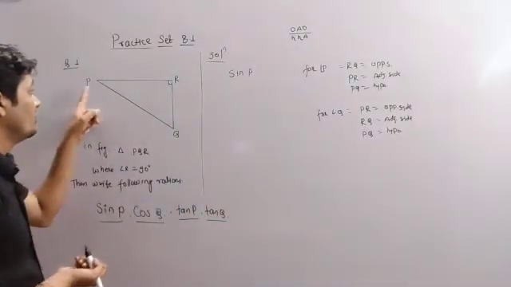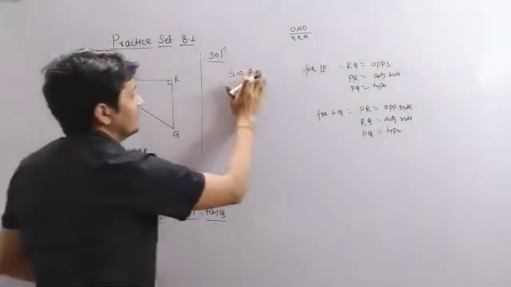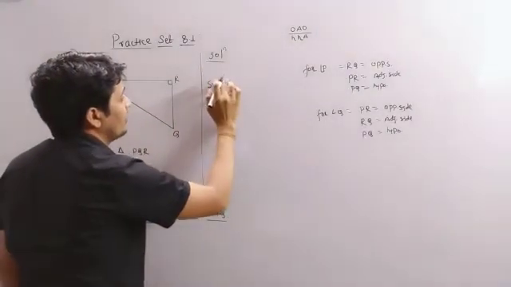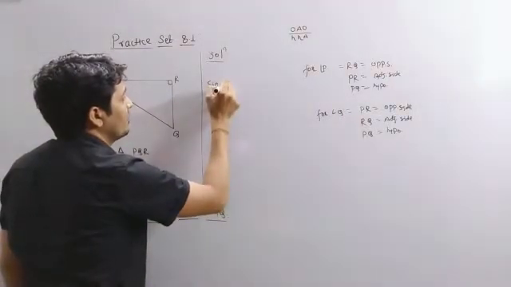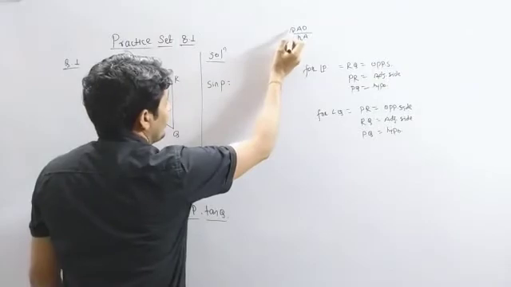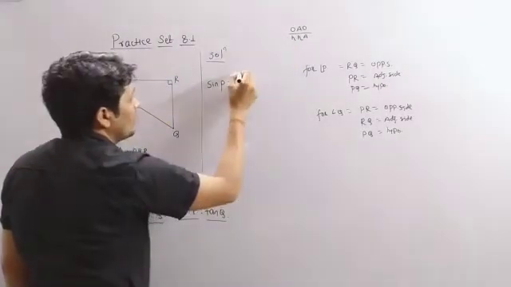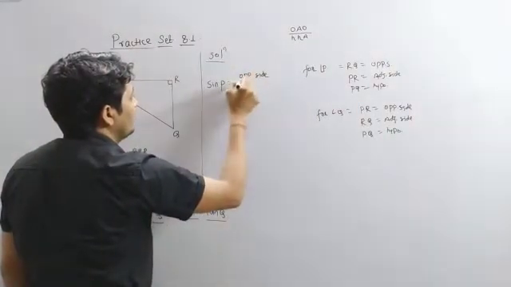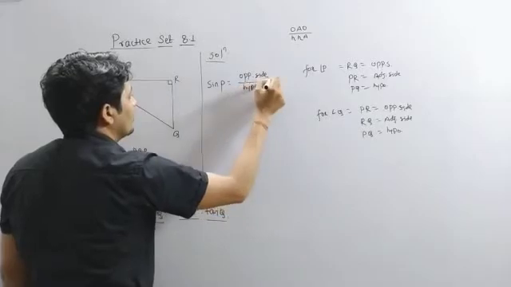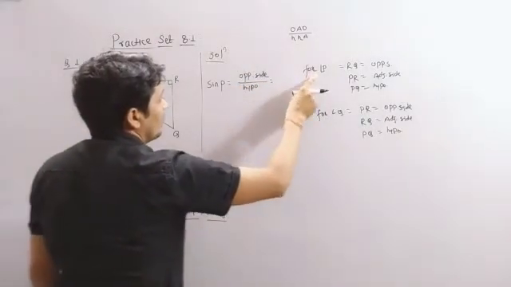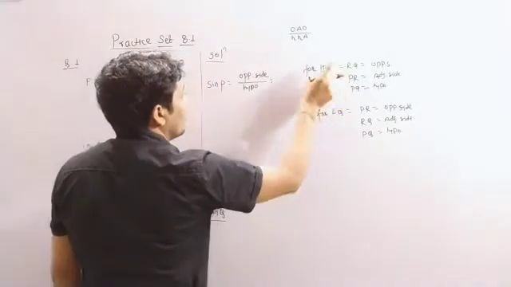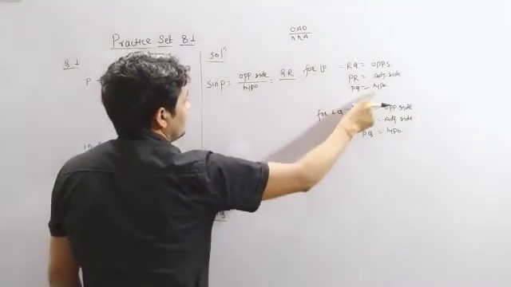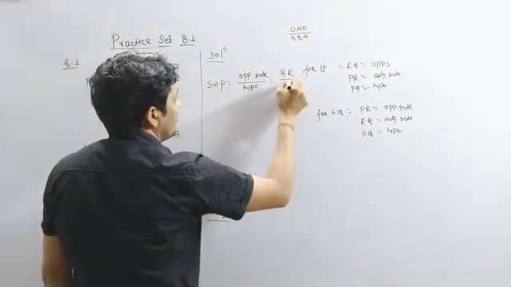Okay, so we have sin P. What is sin theta? Sin P equals opposite side divided by hypotenuse. For P, the opposite side is QR, and the hypotenuse is PQ.